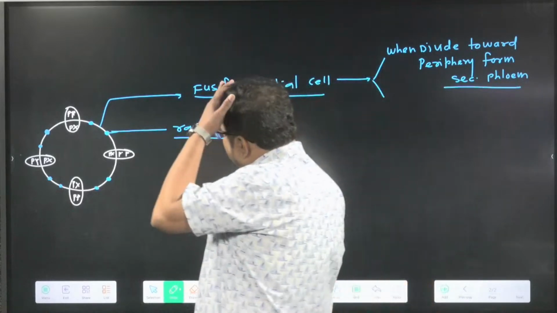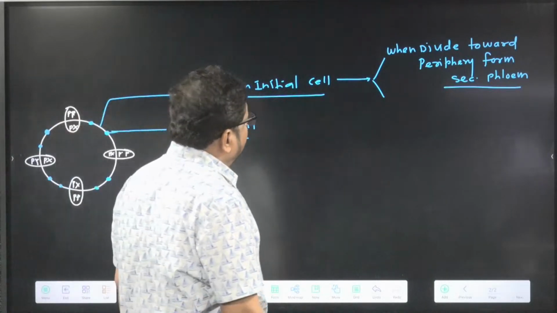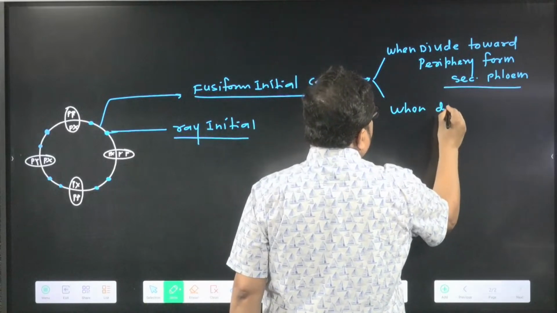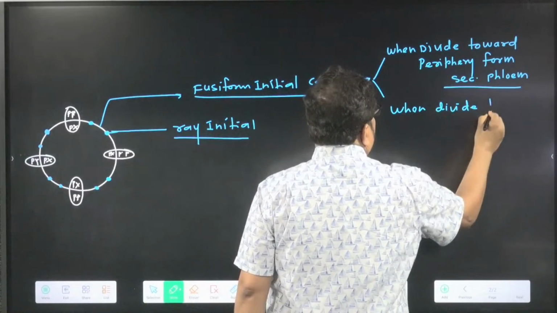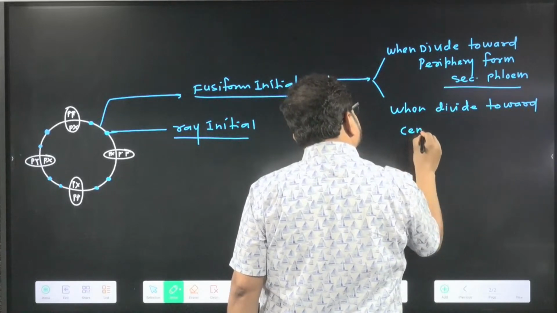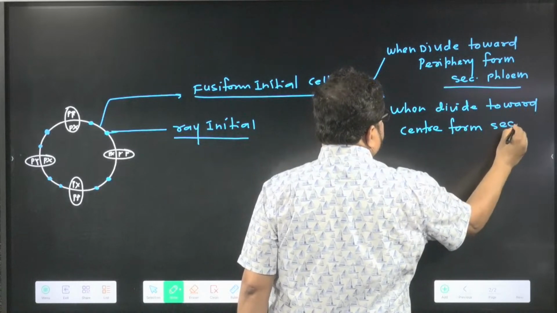When it divides toward the periphery, it forms a new layer of cells, which is secondary phloem. And when it divides toward the center, it forms secondary xylem.